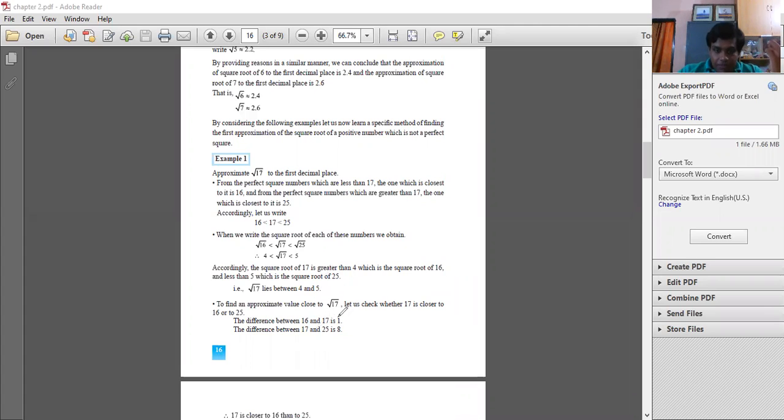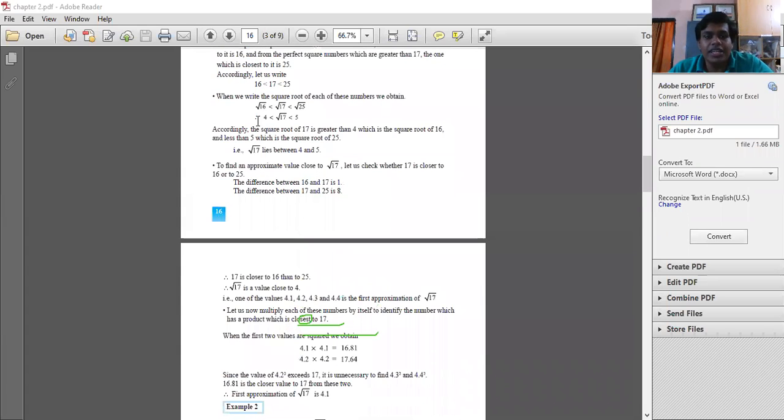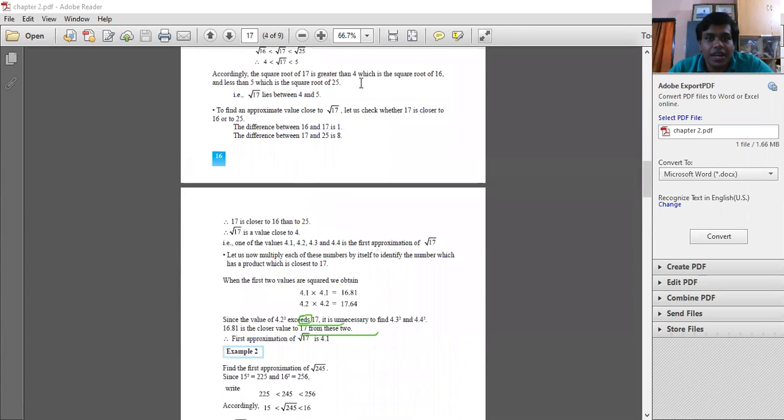From the other side, it shows the difference of the squares. 16 and 17 is 1, 17 and 25 is 8. 1 and 8, so what is closer? 16 is much closer. 17 is closer to 16 than 25. So root 17 is a value closer to 4.